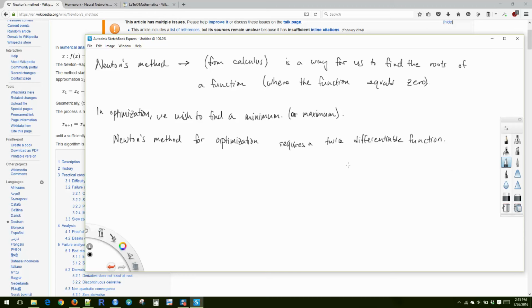Basically you take the derivative of the function, or the gradient if it's multi-dimensional, and we will use Newton's method to find out where the gradient is equal to 0.